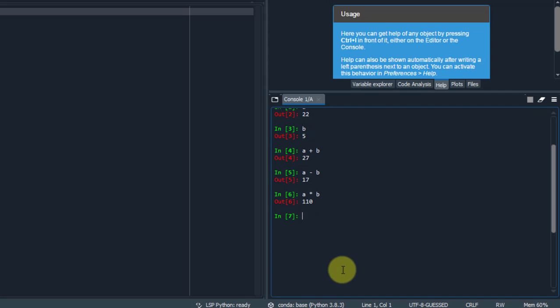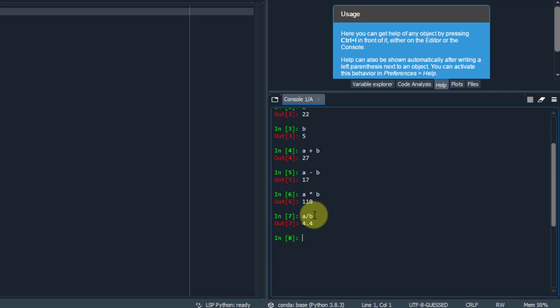Alright, now we can perform the floating point division, and to do that we're going to use the single forward slash, so a forward slash b. So we get a float of 4.4 as our answer. So anytime we use this floating point division, we are always going to get a float as the answer.